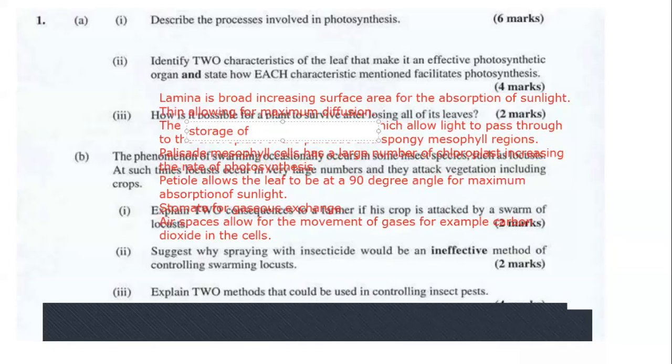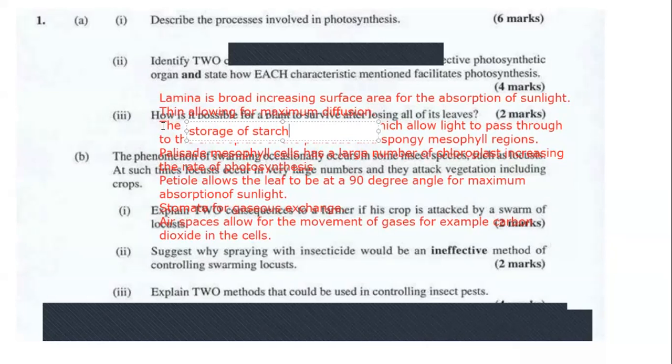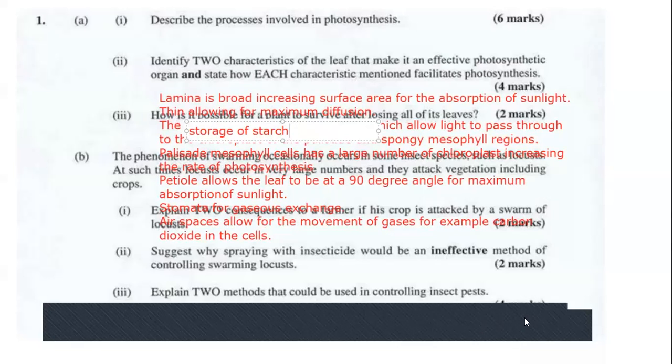Starch, miss? Good. Water? Starch. But we're still seeing that on the screen. Why doesn't it change for you guys? Are you guys still seeing the words from the last question? Yes, miss. I don't know why it's doing that. All right, so let me clear and see if it's going to change.